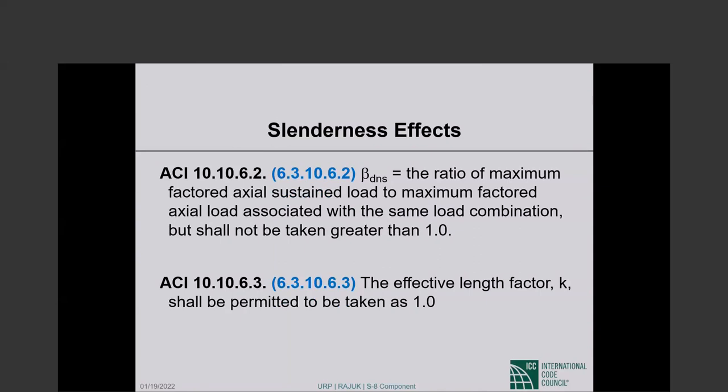It is the ratio of the maximum factored axial sustained load to maximum factored axial load associated with the same load combination. Again, if you think about it, you will see what it is saying. And again, I would tell you more importantly that beta sub sustained lateral loads are not common.